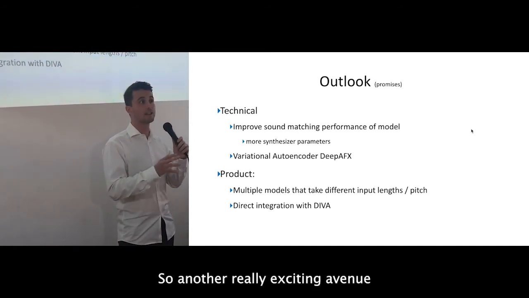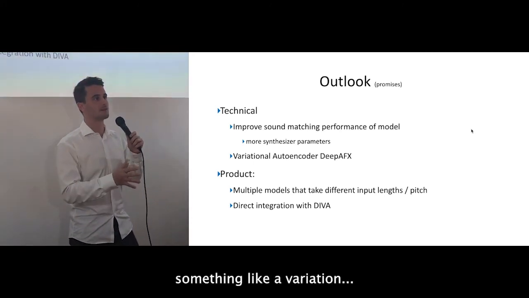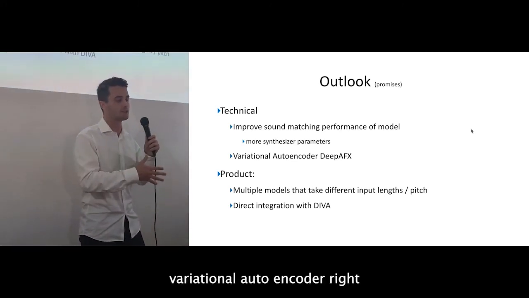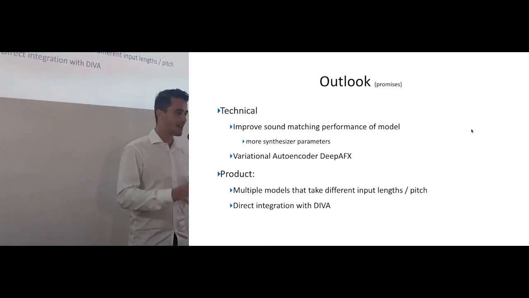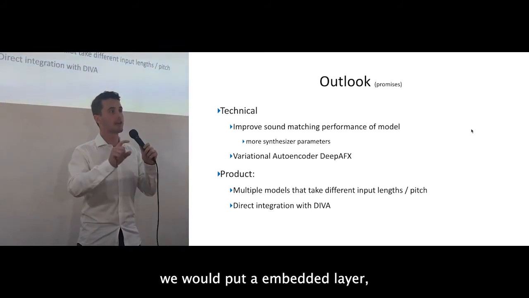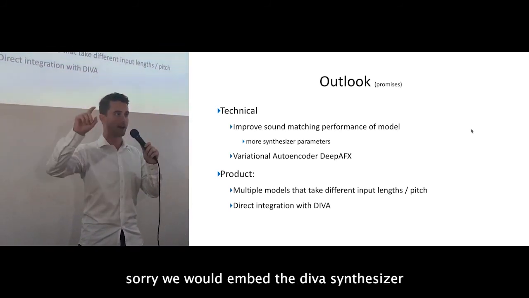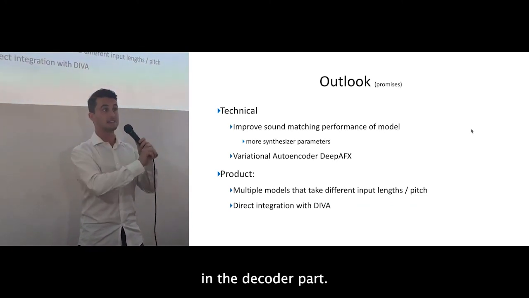So another really exciting avenue that we could go down is to test out something like a variational autoencoder, right? Quite hard to say. So how that would work is we would embed the DIVA synthesizer in the decoder part.